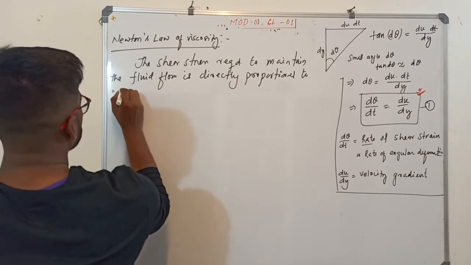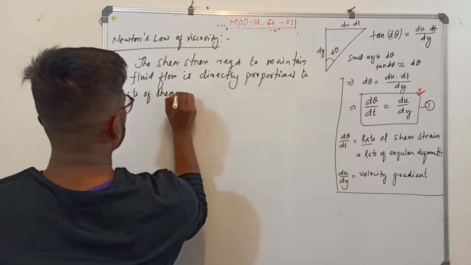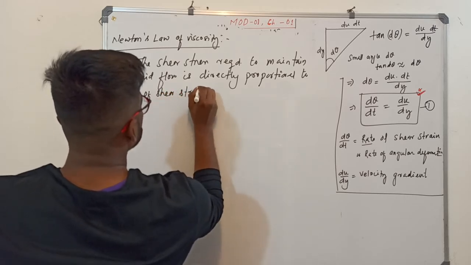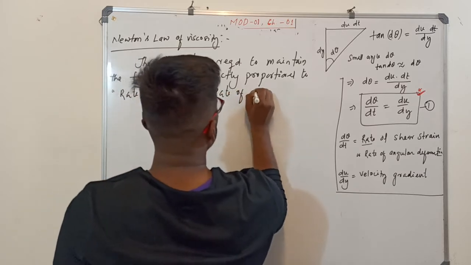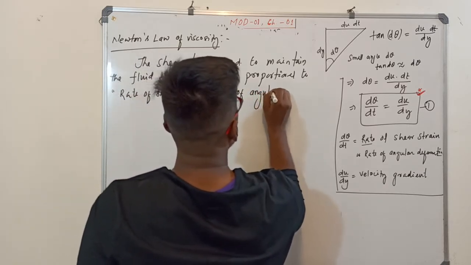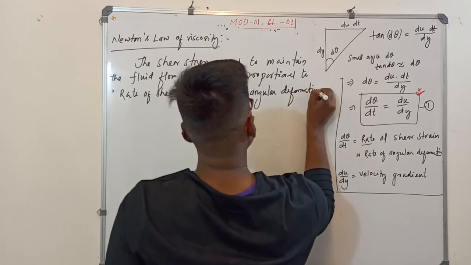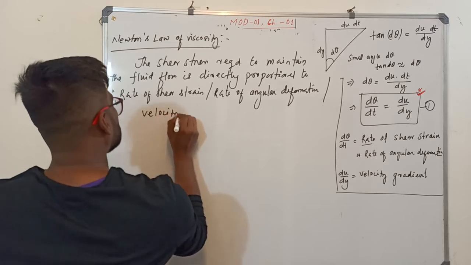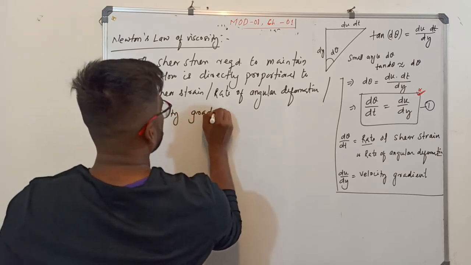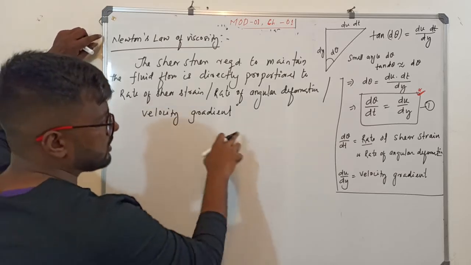Proportional to rate, और रेट भूल मत जाना, एग्जाम रॉन्ग हो जाएगा. Rate of shear strain, or rate of angular deformation, or velocity gradient.